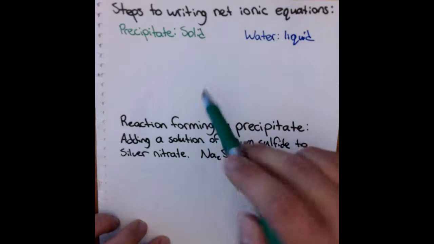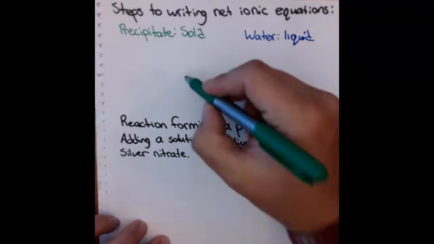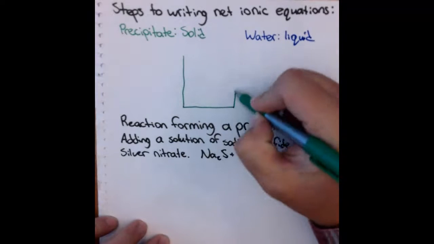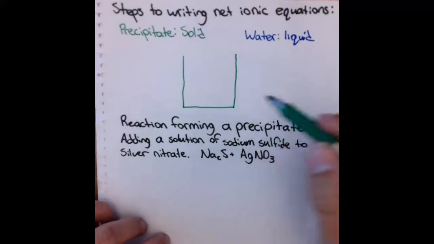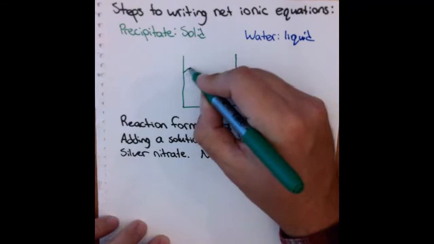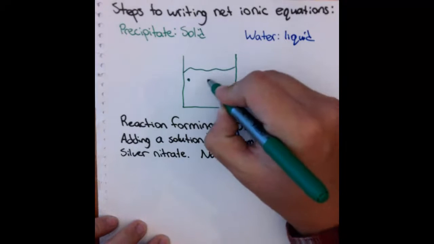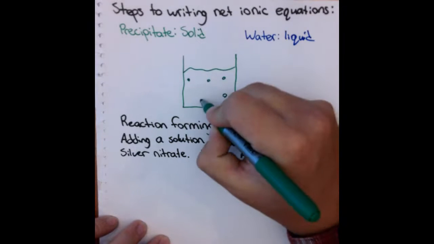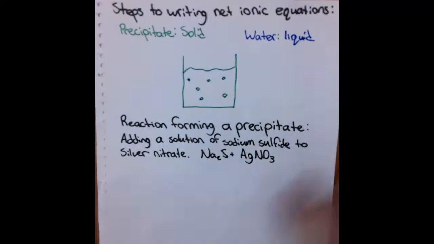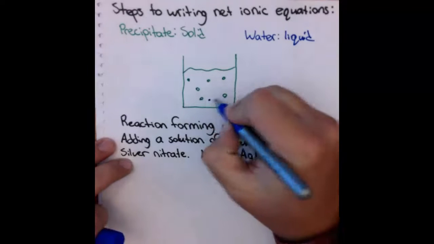If nothing forms, there's going to be no reaction forming, because if I just have some greens and some blues, everything in the solution is going to remain ionized by itself. They aren't going to bond to each other.